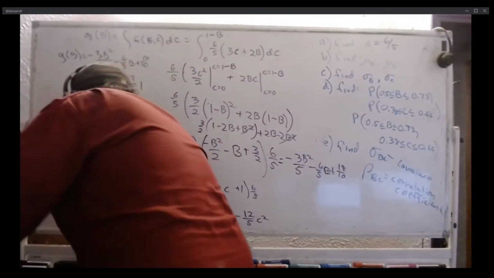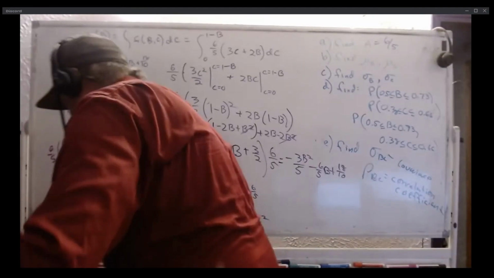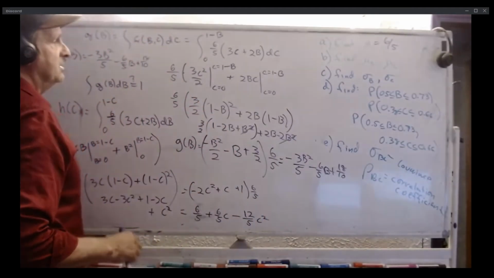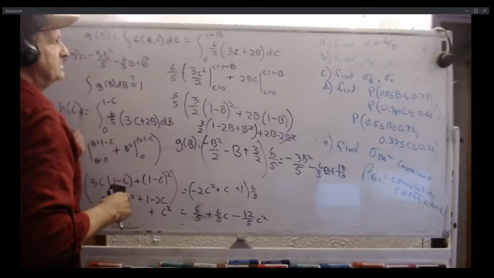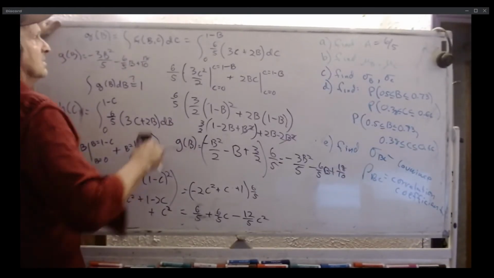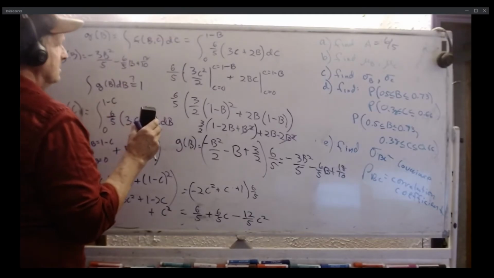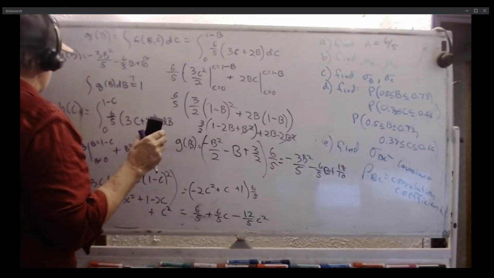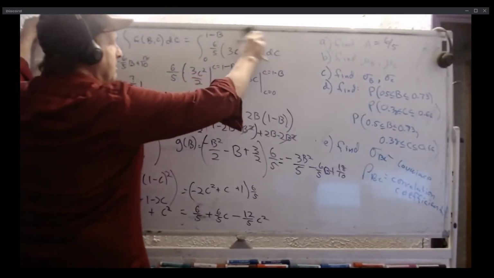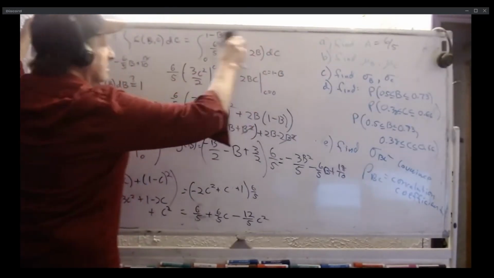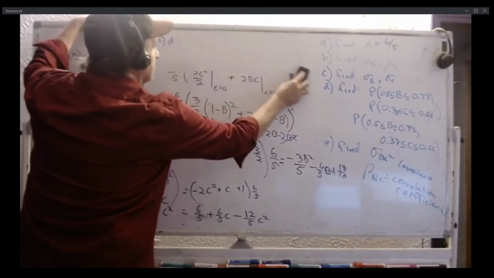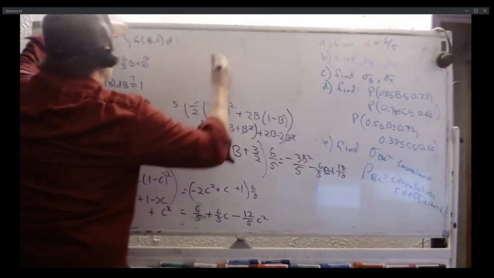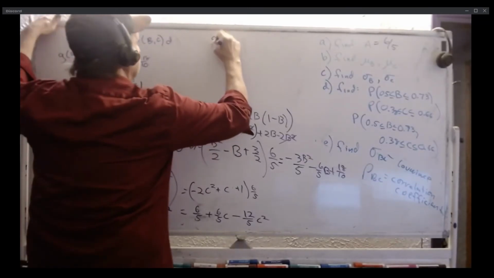Okay. So let's find the means, guys. Find the mean of B and the mean of C. Ready to roll? Okay. Can I just write what G and H are up here, maybe? Yeah, that'd be better. What do we find for G of B?